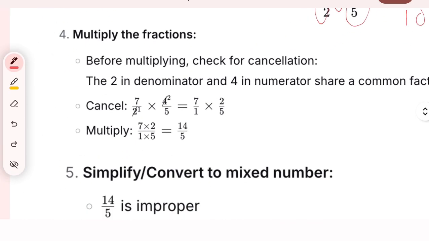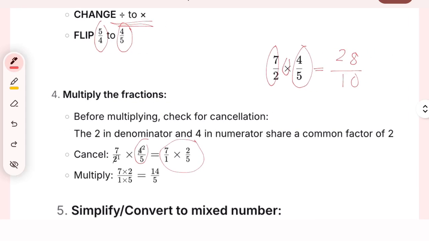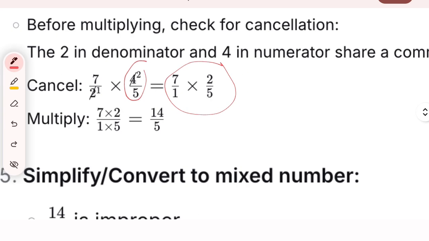Or you can simplify: divide this by 2, divide this by 2, and it would be 14 over 5, which is the final answer here. 14 over 5.